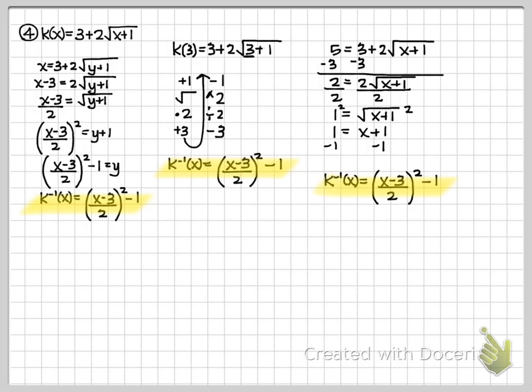Go back up to the original problem, and you want to look and see what kind of a number is in front of the square root symbol. Now it's a 2. Okay. I want to look at the sign, though. Notice that the sign here that's given to us is positive. So the number in front of this is a positive number.